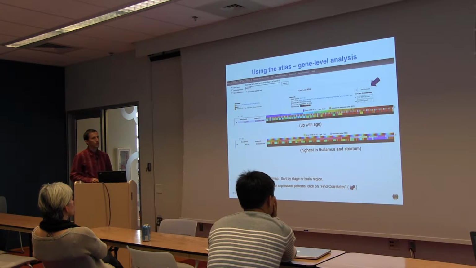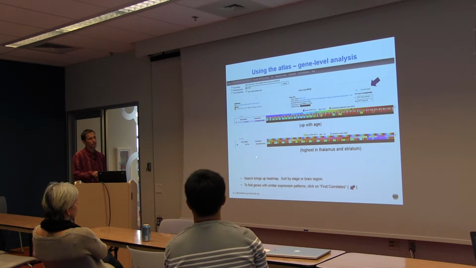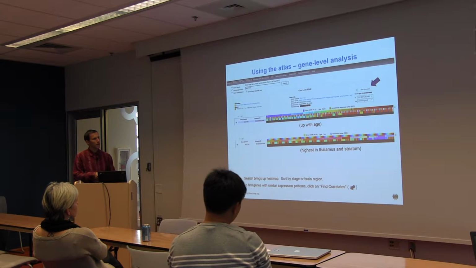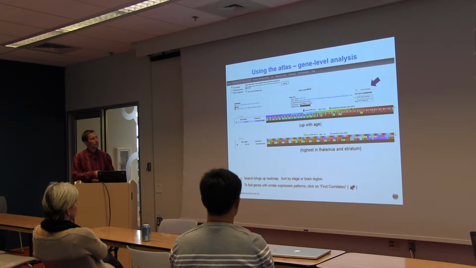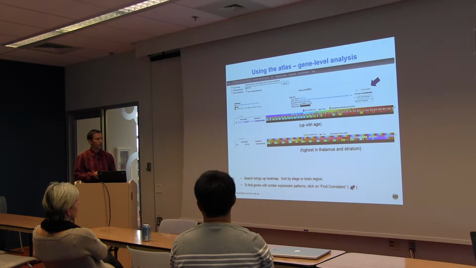Then once you do the search, you come up with a page that looks something like this, that will have one or potentially many more genes that are listed here. And you can sort these genes either by the stage, so by the age that it's in, or alternatively by the brain region, by hitting this little arrow in the corner to reverse the search.